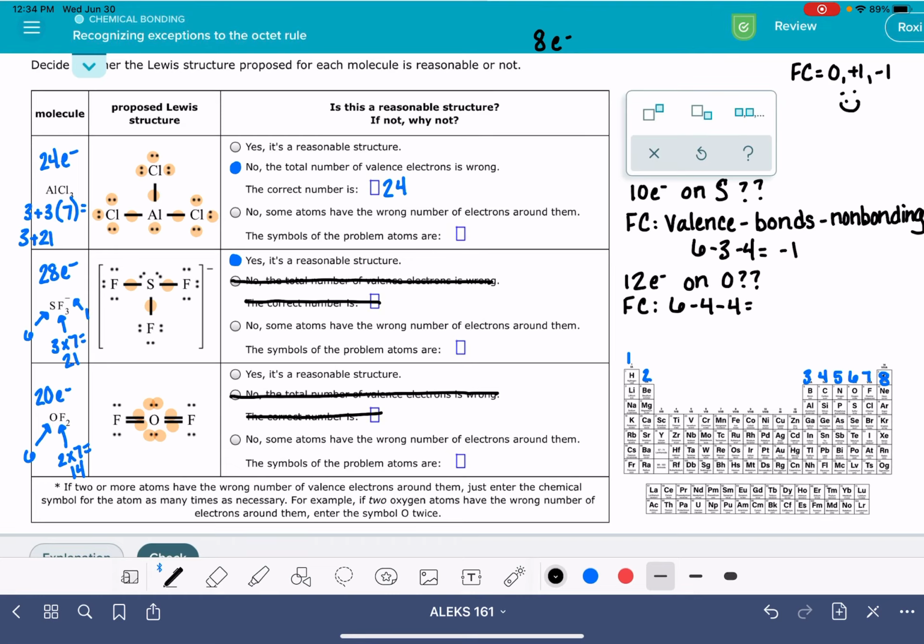So this is a formal charge of -2, and a formal charge of -2 is too high. That is more formal charge than what we're accustomed to seeing. So I'm going to mark no, this is not okay. The combination of oxygen being too small to have extra electrons and the formal charge being too high, those are two bad things. The problem atom is oxygen in this molecule.